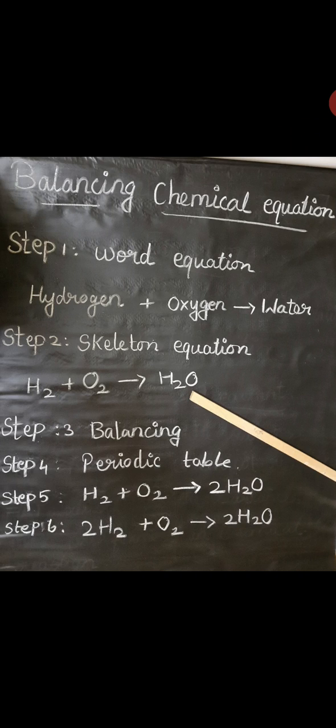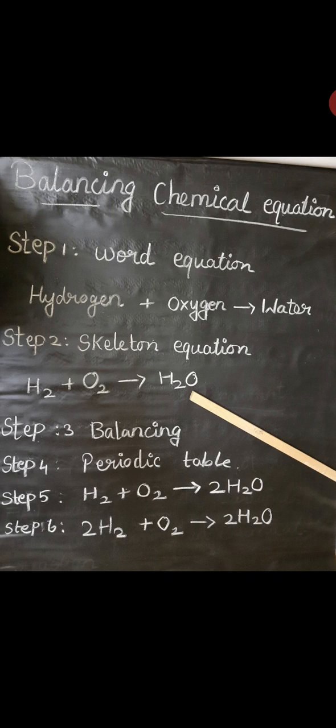Step 4, according to the periodic table, what is the atomic mass? Both elements occur 1 time each on one side, so the preference should be given to oxygen, because it has the higher atomic mass.